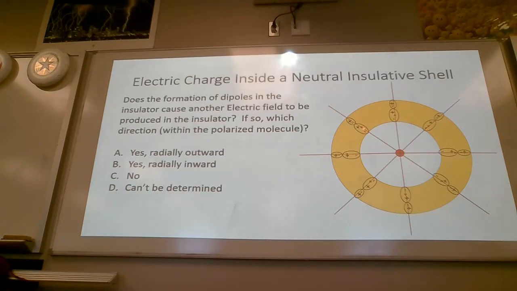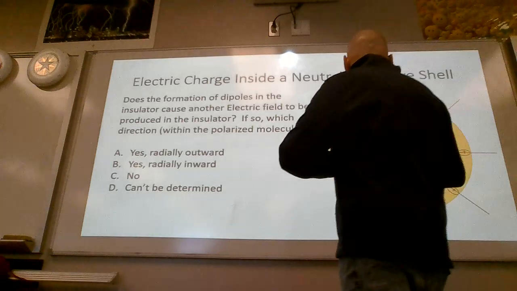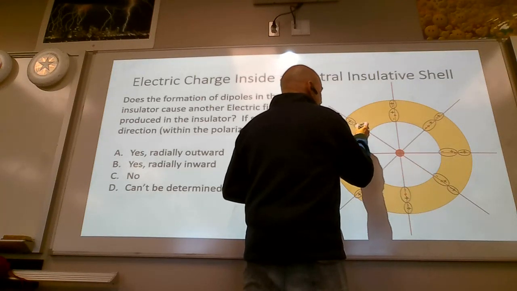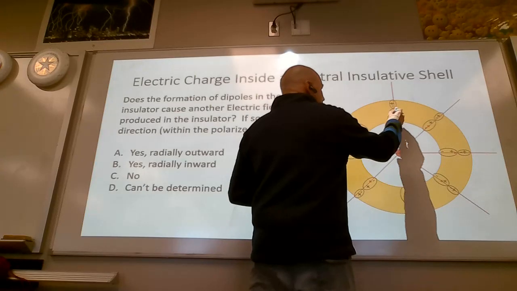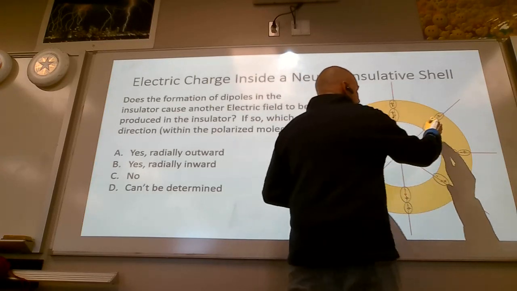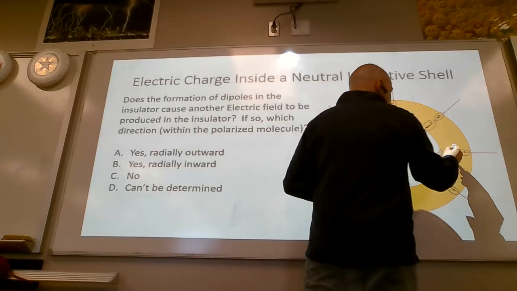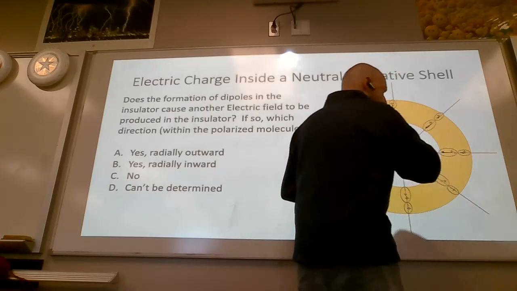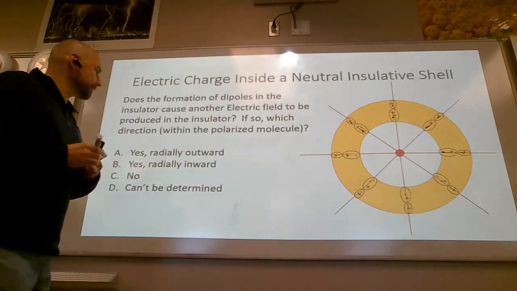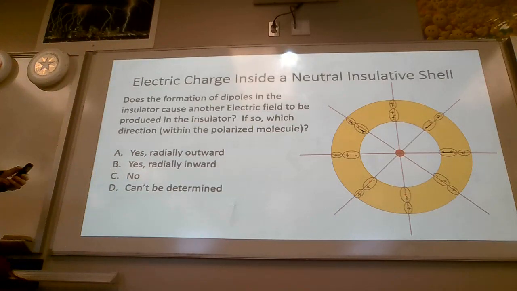The electric field on the inside of the molecules, which way is that going? Oh, add a positive and a negative. So add a positive to negative, add a positive to negative. Are we good with that? Okay. So B.